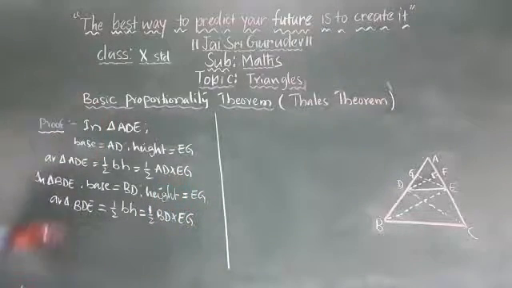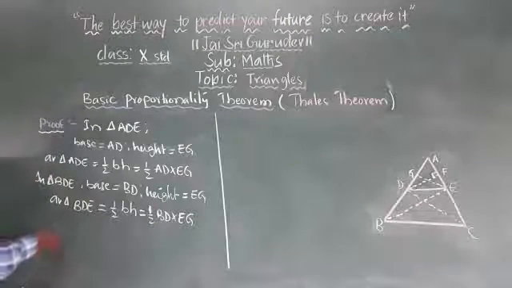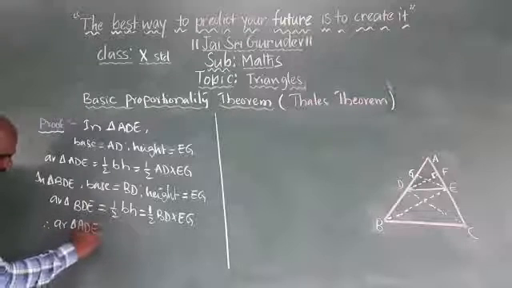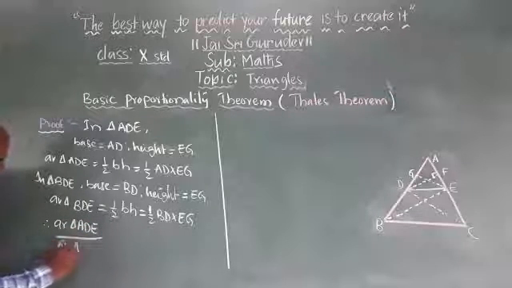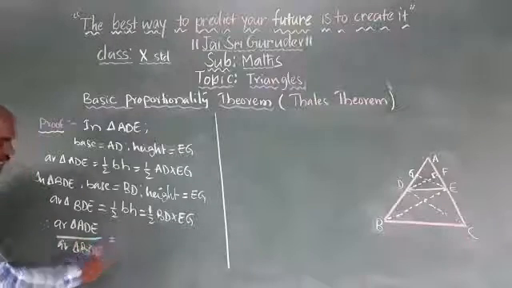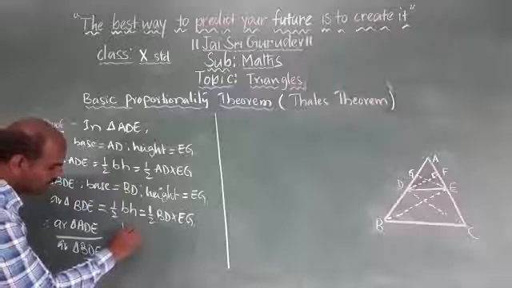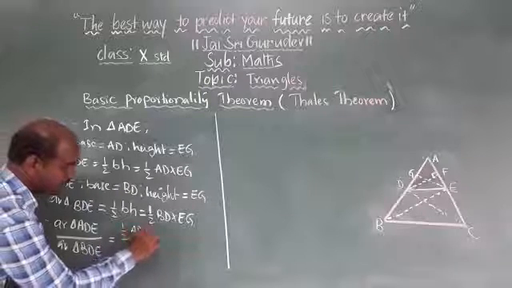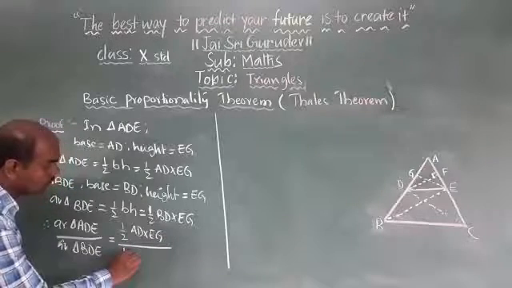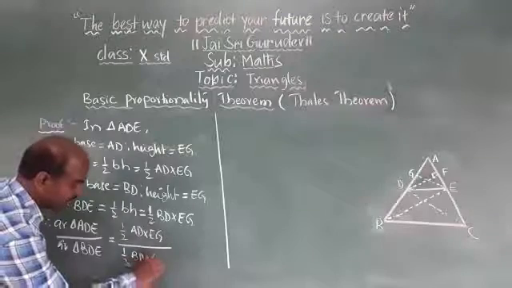Then we have to divide both equations. Area of triangle ADE by area of triangle BDE is equal to half into AD into EG by half into BD into EG.